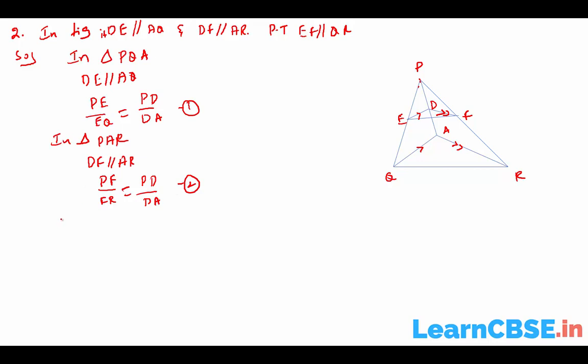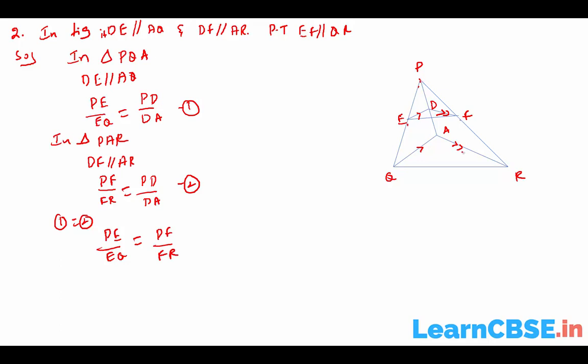Now 1 equals 2, because the RHS are equal, the LHS must be equal. I am equating the LHS now. PE by EQ equals PF by FR. Observe that PE by EQ equals PF by FR.